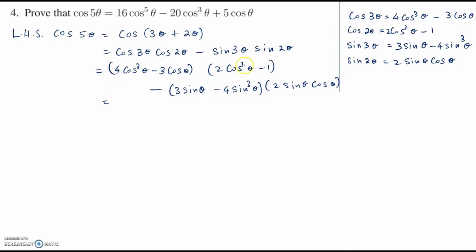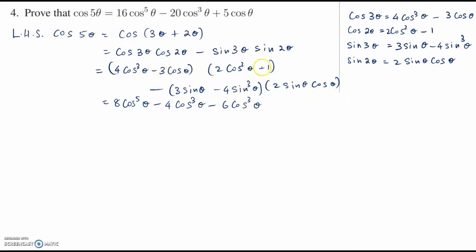So for the first term, we would have 4 times 2 would be 8. Cos cube into cos squared will be cos to the power 5 theta. Then this multiplied by minus 1, this will be minus 4 times cos cube theta. Then minus 3 cos theta into plus 2 cos squared theta would be minus 6 cos cube theta.